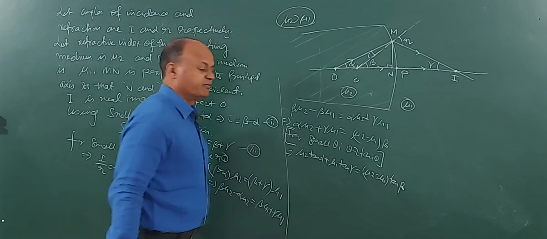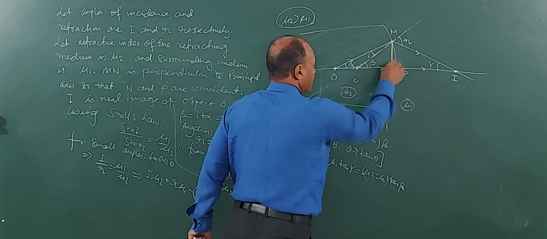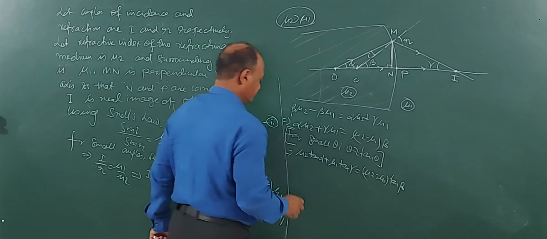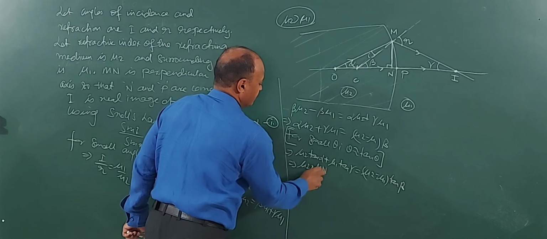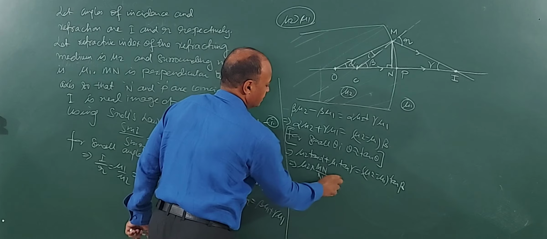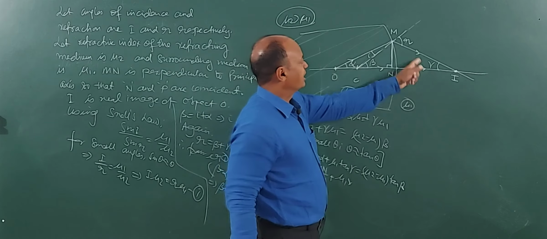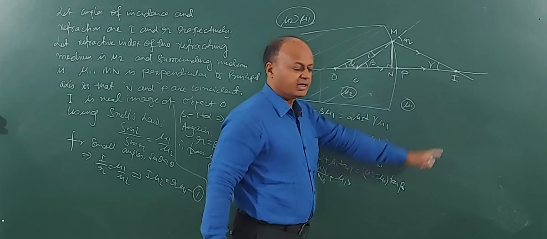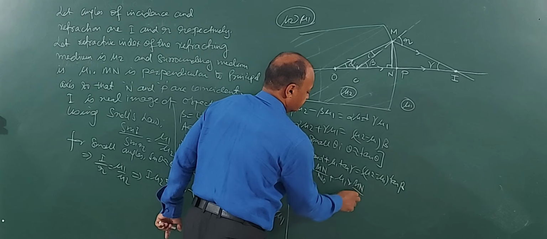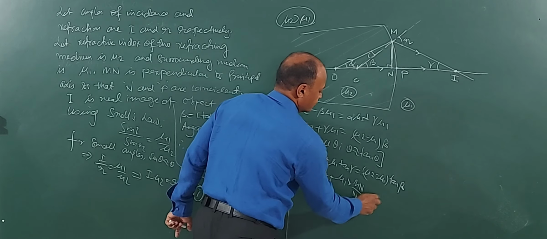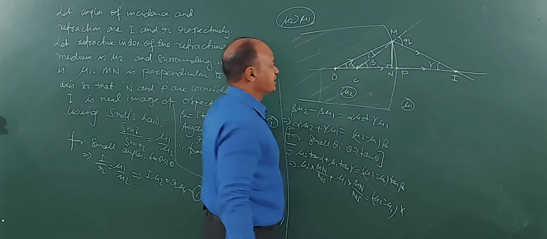And children, we substitute the values. Tan alpha, children, is mn divided by no, plus mu1 into tan of gamma. Tan of gamma will be mn divided by ni equals to mu2 minus mu1. How much tan beta, children?